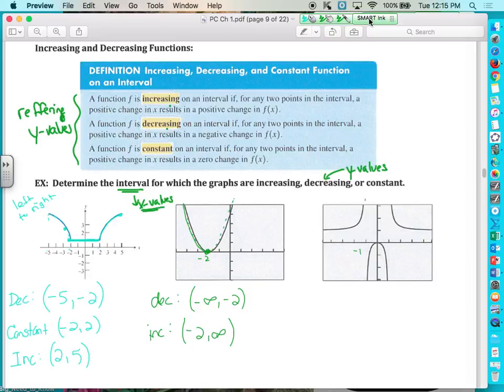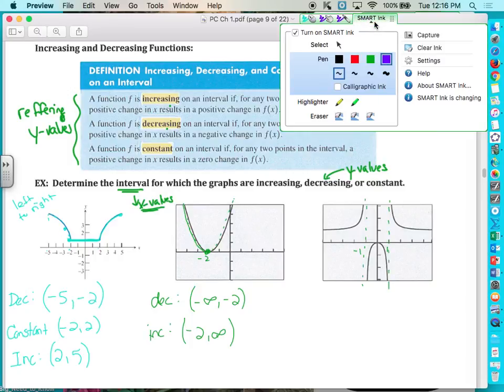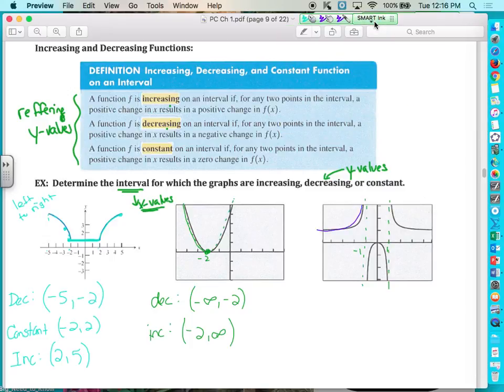And then let's see. These look like asymptotes here at -1 and +1. So if we come up with increasing, decreasing from left to right, the graph is going up. So we're increasing from -infinity till we get to -1. Then I have the asymptote, so nothing's happening at -1.